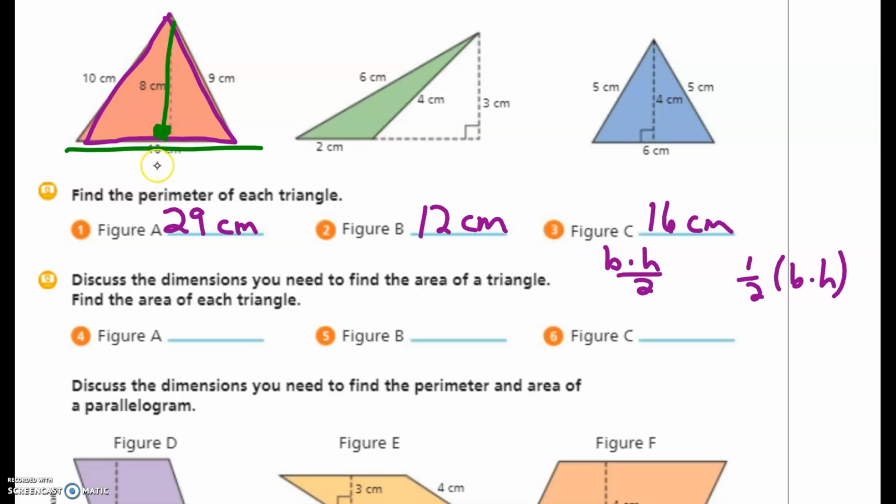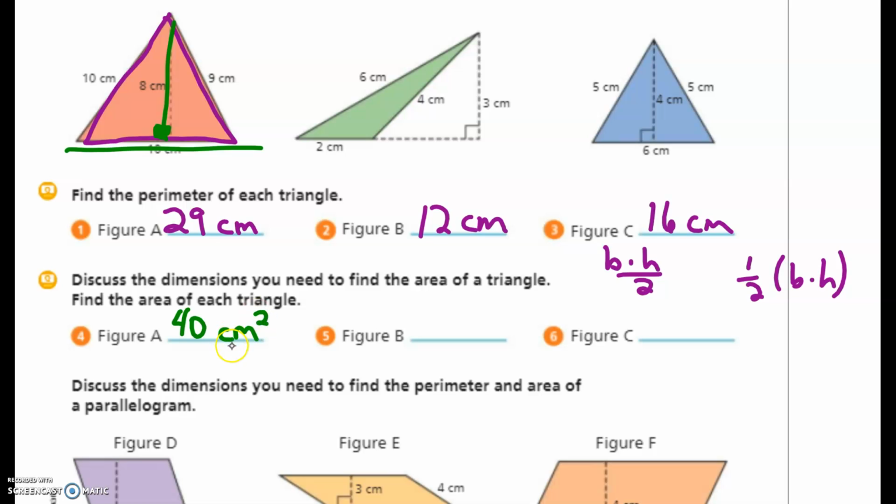So base is 10, height is 8, 10 times 8 is 80, but remember that would be the area of the whole parallelogram or the whole rectangle. You've got to take half of that. Half of 80, 40. And because we did 10 centimeters times 8 centimeters, centimeters times centimeters is centimeters squared.